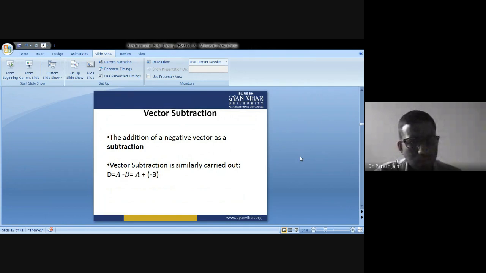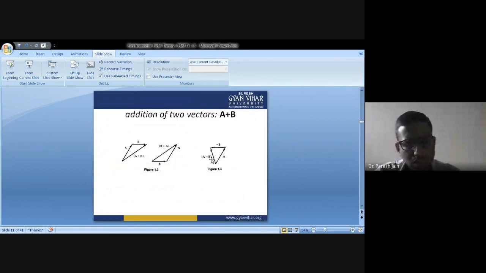It means if there is a negative sign on any vector's magnitude, then there will be a subtraction. In the previous slide, I have already shown this subtraction because the magnitude of the vector B is negative.